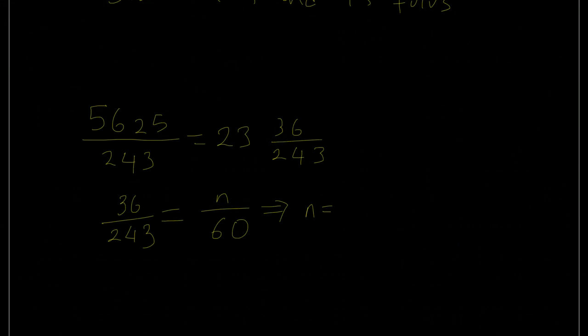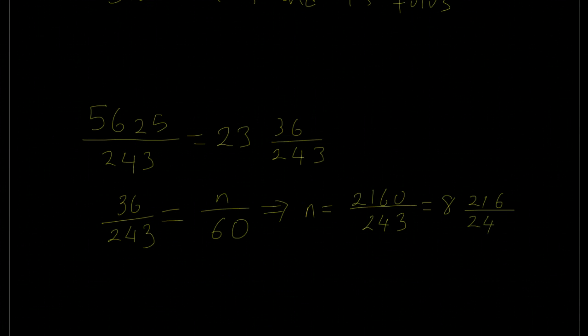Now this time it will be a little more complicated. So n will be equal to this, 2,160 divided by 243, and this gives you a quotient of 8 and a remainder of 216.